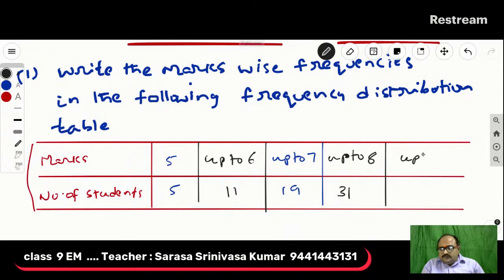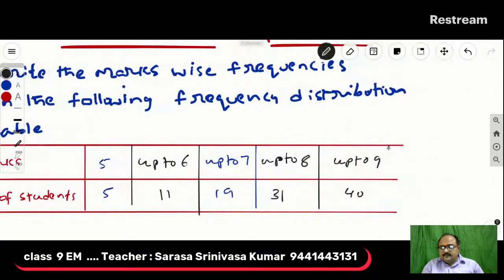Up to 9 marks, 40 students. Next up to 10 marks, 45 students.